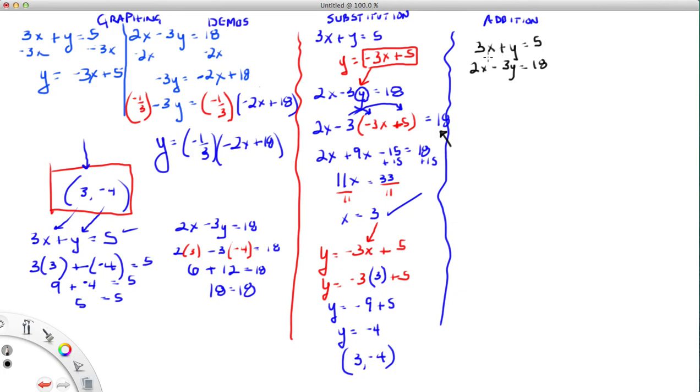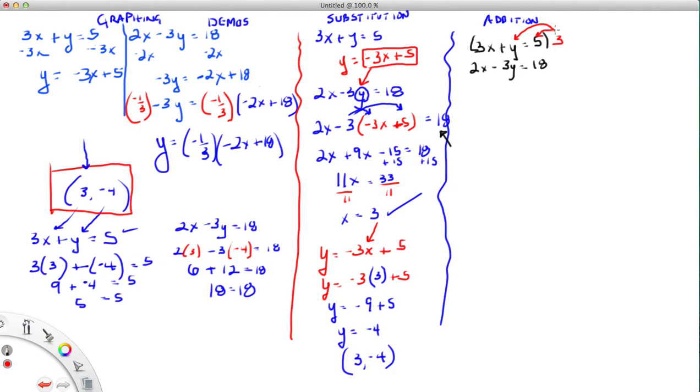To do that, I'm going to take this top equation and multiply it by 3. Why 3? Because if I take 3 times this y, I get 3y, and I have minus 3y down there. So if I add the two equations together, the y's will drop out.